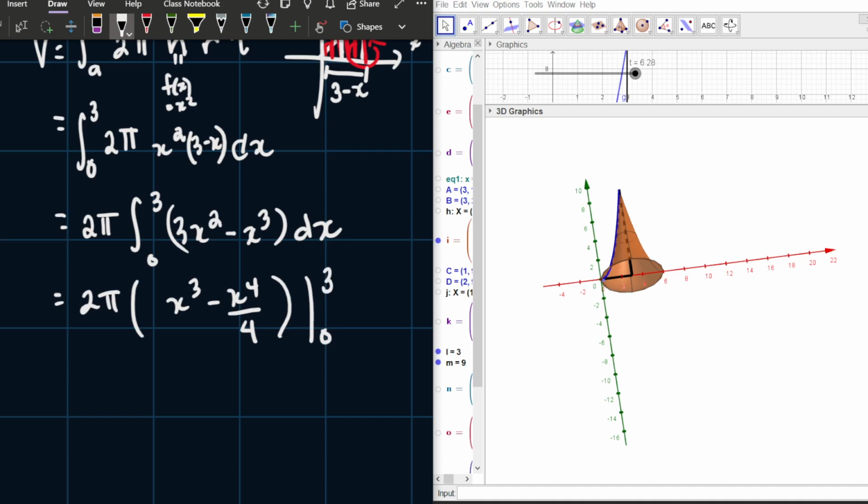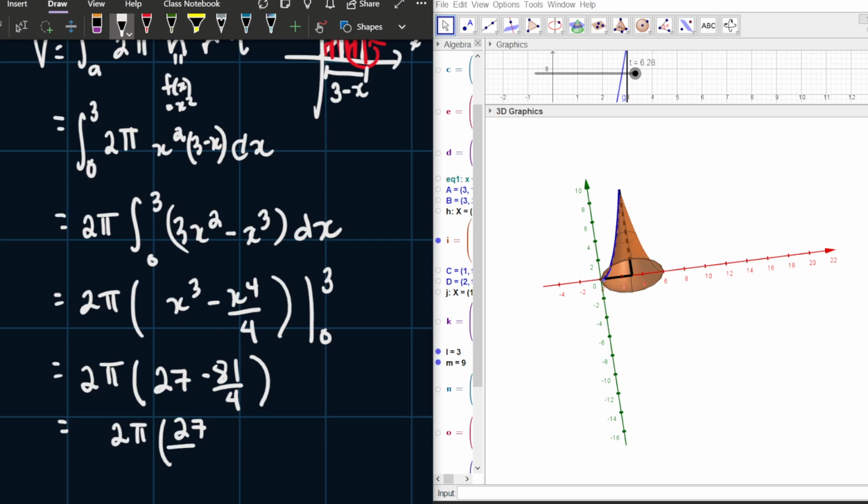Again, all we have to do is evaluate at x equals 3. Kasi at x equals 0, magsi-zero to. So 2 pi, 27 minus 81 over 4. So 2 pi, 27 over 4. So we have 27 over 2 pi cubic units.